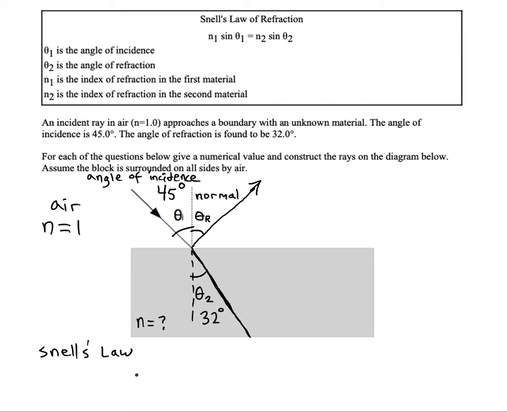So according to Snell's law, n1 times the sine of theta 1 will equal n2 times the sine of theta 2. Alright, so theta 1 is just the same as theta i here, and n1 is 1.